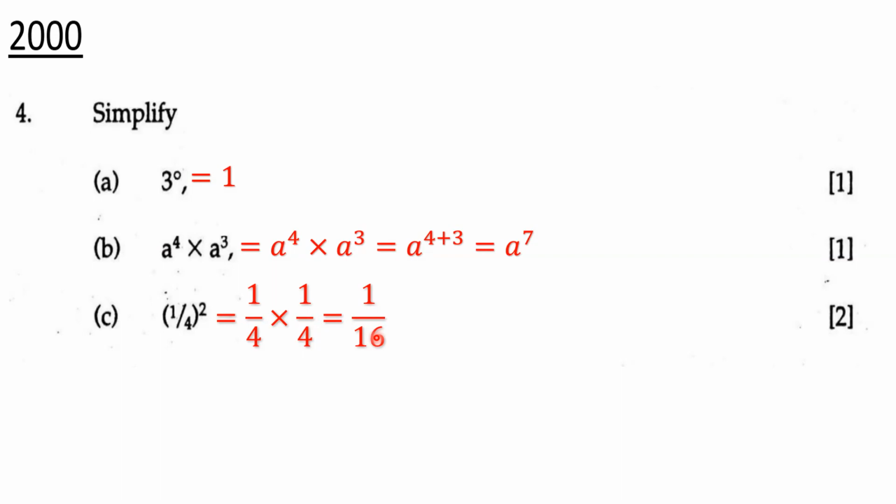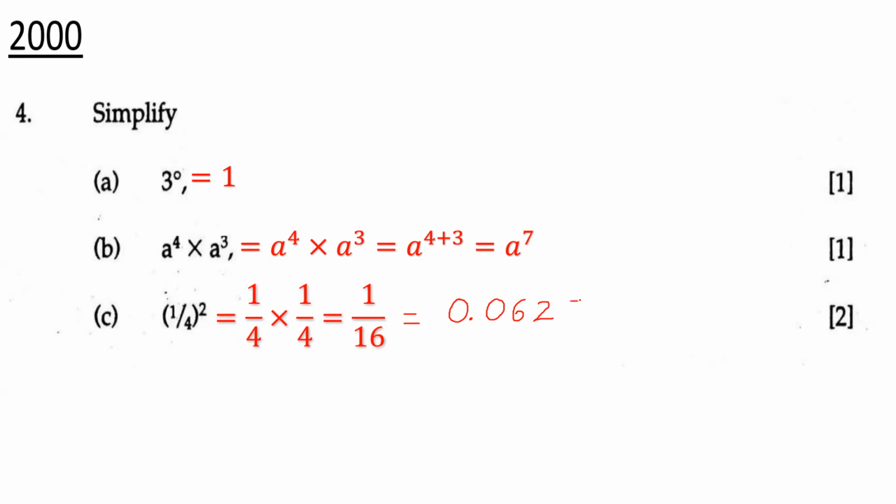We don't want to leave it as a fraction, so 1 over 16 is going to be equal to 0.0625. And the way I got it is I simply divided 1 by 16.